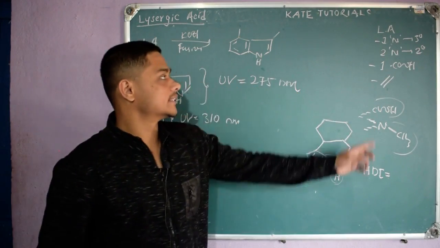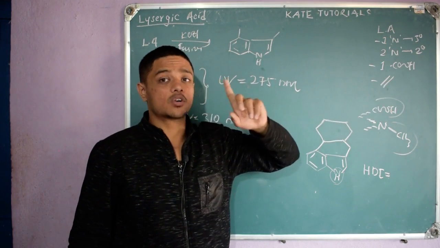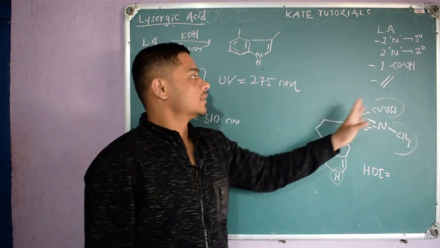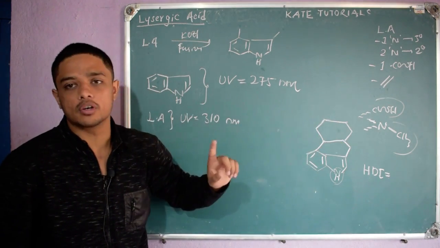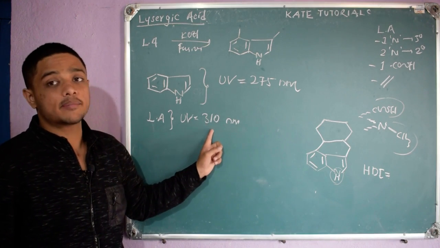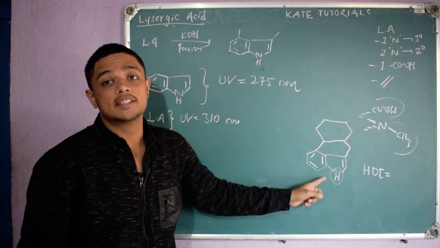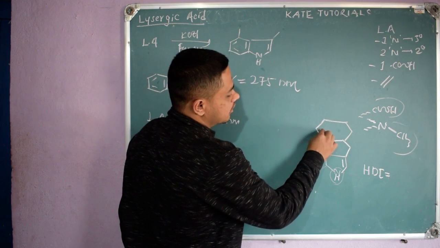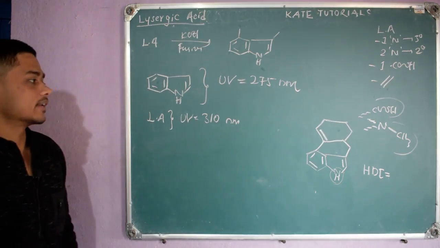Initially we saw that this lysergic acid has a double bond, because it consumes hydrogen, one hydrogen here, one hydrogen there, one equivalent of H2 I can tell, right? So they knew that this lysergic acid has a double bond. Here indole is simply 275, but 310 means it is in conjugation, the double bond is in conjugation with this indole skeleton. So later they found out that here it is double bond, single bond, double bond, the double bond is here only, they concluded.